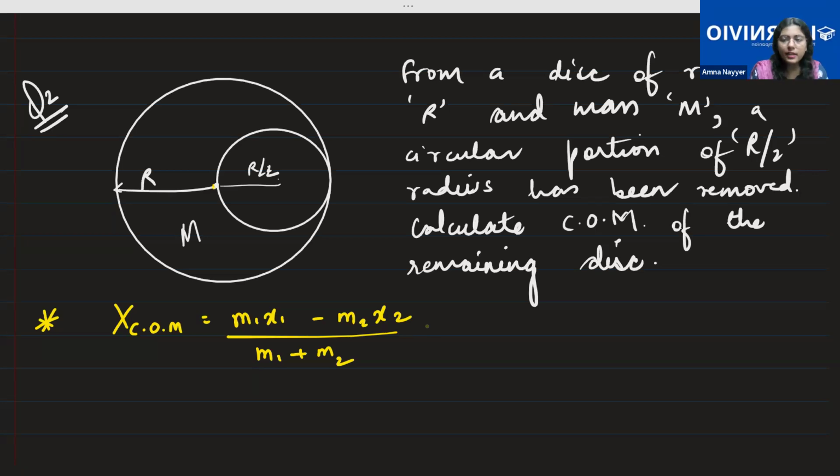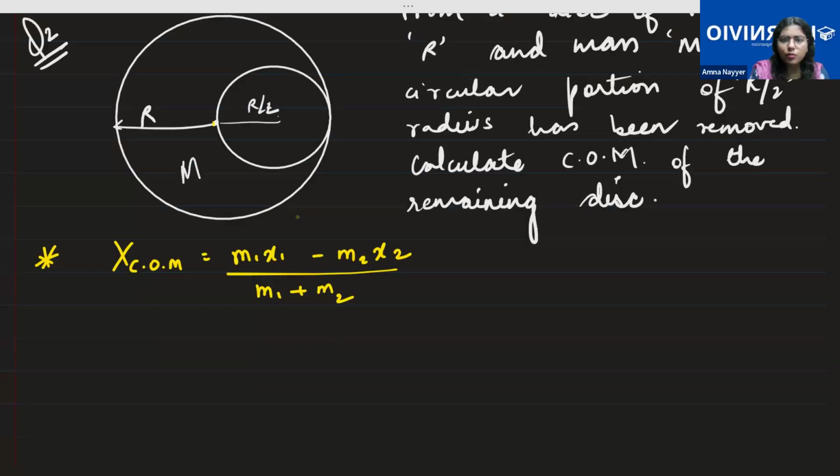So it's better I just tell you one method, Zara, through which your questions will be easily solved. If you have a disk, or if you have a sphere, you can use the same method. One more method is you calculate the total center of mass, you calculate the center of mass of this portion, and then subtract. Again, the best method is what you do.